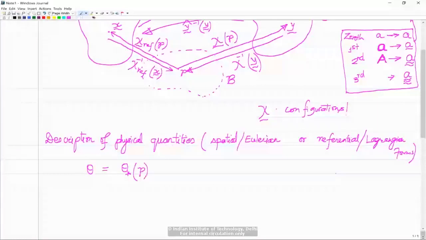As you change the argument, you get the temperature of a different particle in the body. So theta star is the function, and this is a way in which you are denoting temperature in terms of the particle. This is also called material description.